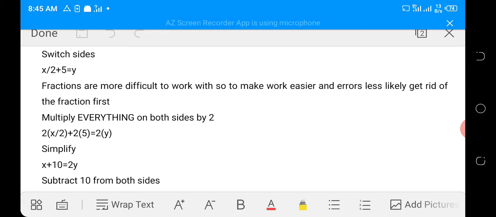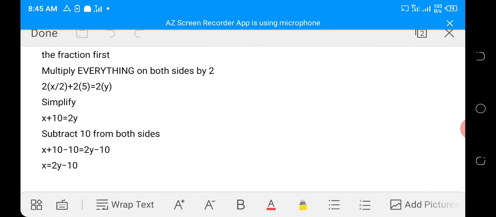That gives us x over 2 times 2 plus 2 times 5 plus 2 times y, everything multiplied by 2. When this is simplified, we have x plus 10 is equal to 2y.